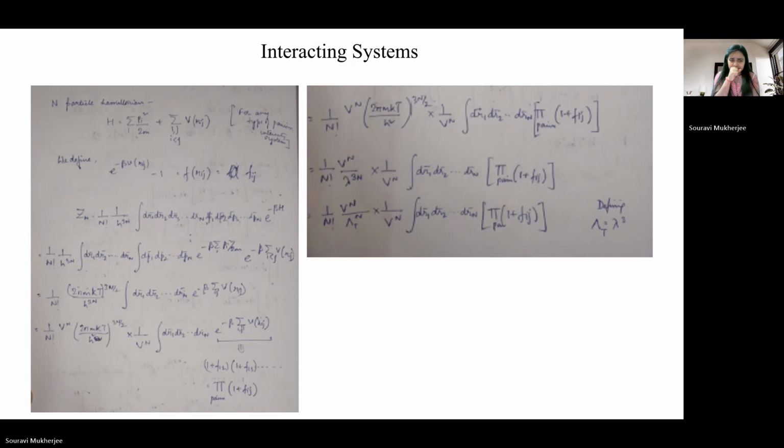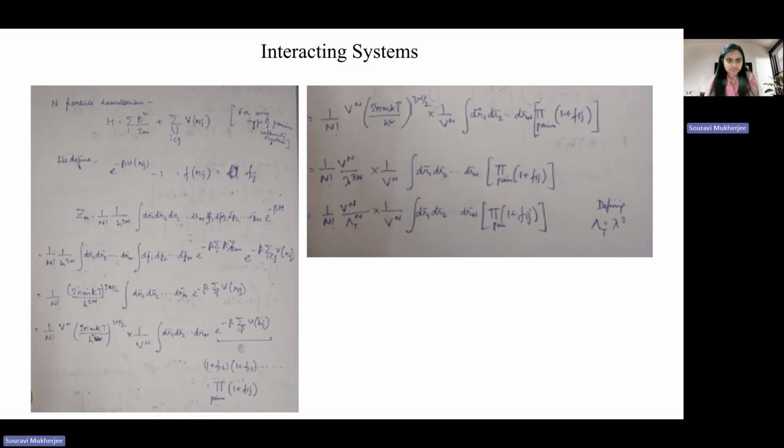Before that, e to the power minus beta V rij is nothing but f of ij plus 1, right? And you would have NC2 number of pairs, because if there are n particles, you can pair them in NC2 ways.